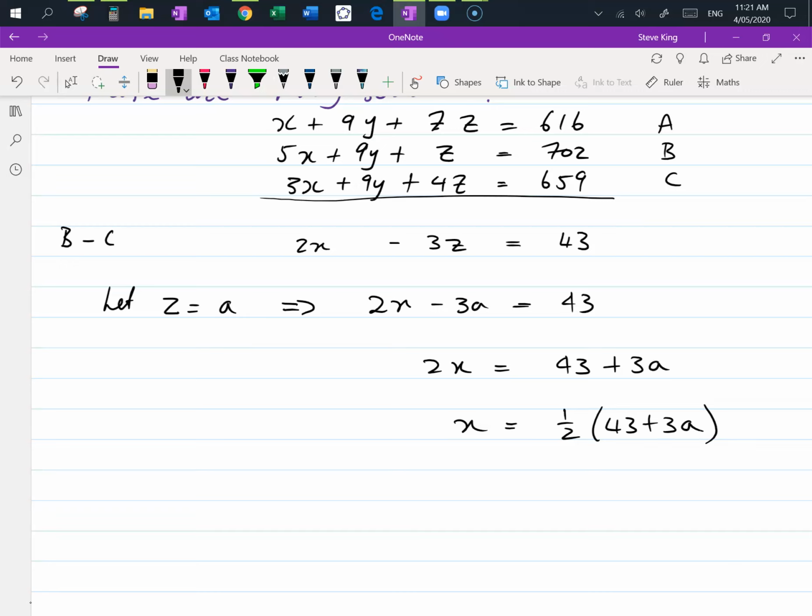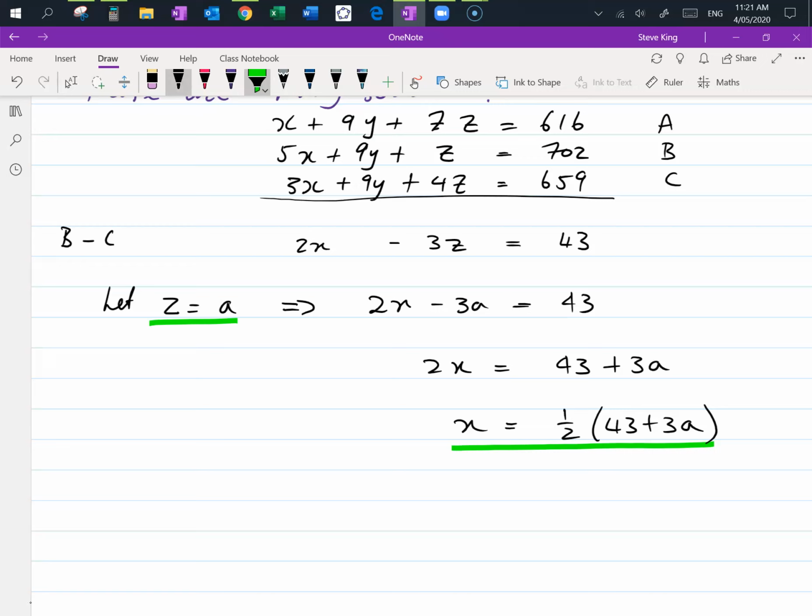So I've now got z in terms of a, and I've now got x in terms of a. All I need to do now is work out y in terms of a. And so I need to decide which is going to be the easiest equation to put this in.